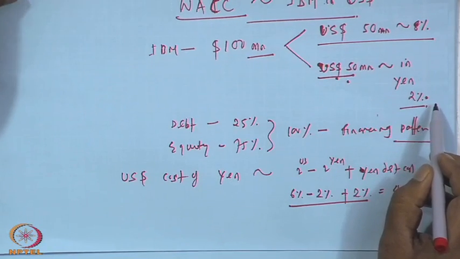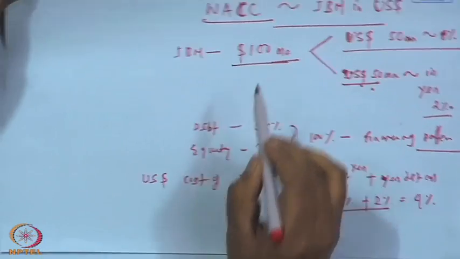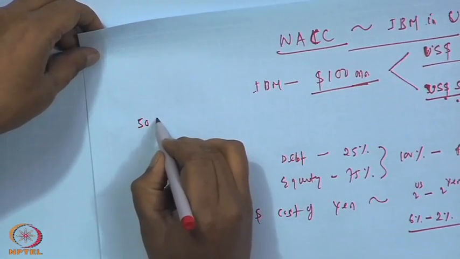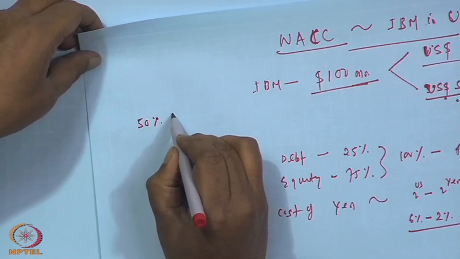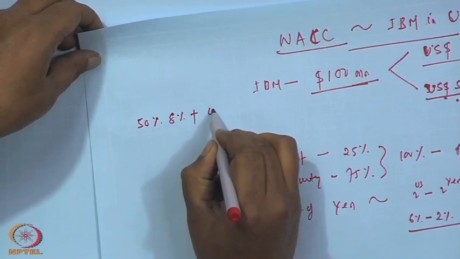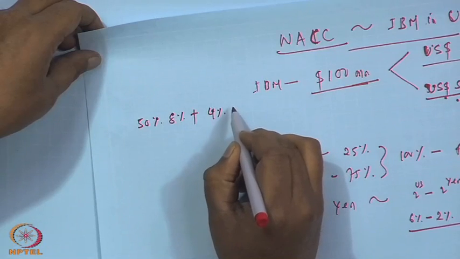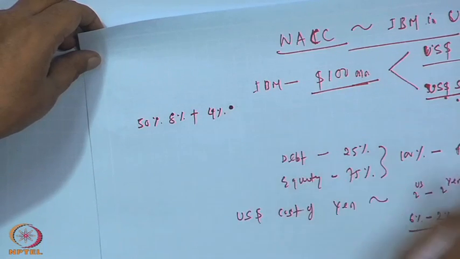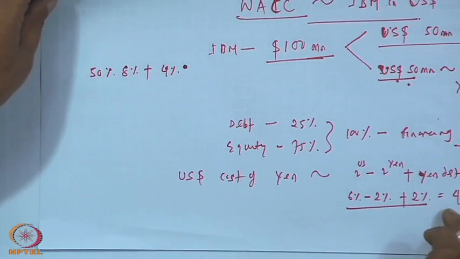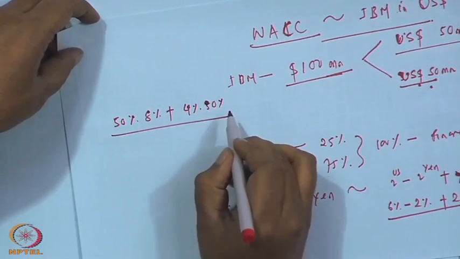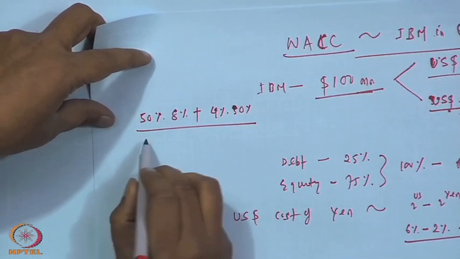So, the cost of the 100 million debt will be how much? 50% into 8% plus 50% into 4%. That is the cost of debt. What does it mean?